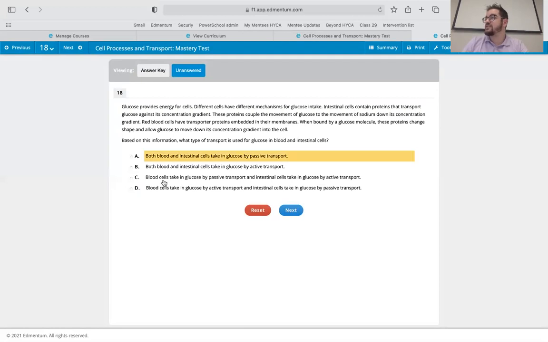All right, what type of transport is used for glucose in blood and intestinal cells? So, transport in intestinal cells. Okay, so let's see. What we're looking at, we're seeing passive and active transport.